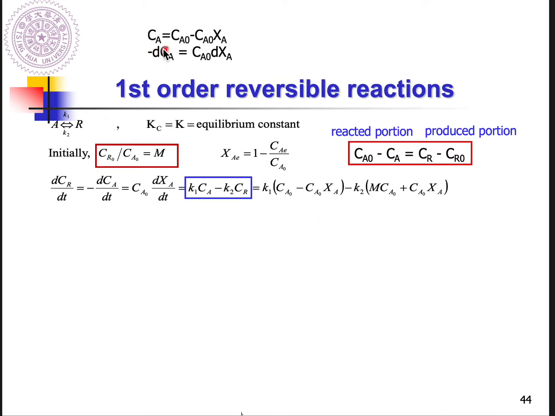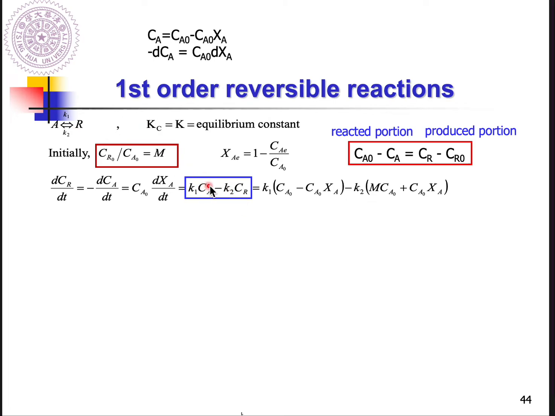Here, Ca equals initial Ca0 minus the reacted portion. So you take the first derivative, and you get minus dCa equals Ca0 dXa. So we substitute minus dCa with Ca0 dXa. Because dCr dt would be K1 Ca, which is going to increase the Cr, right? And also minus K2 Cr, which is going to decrease the Cr.